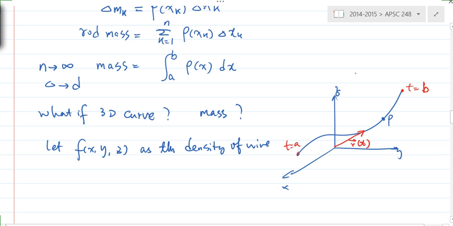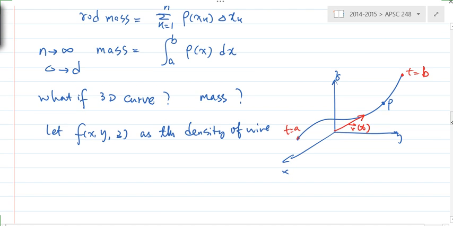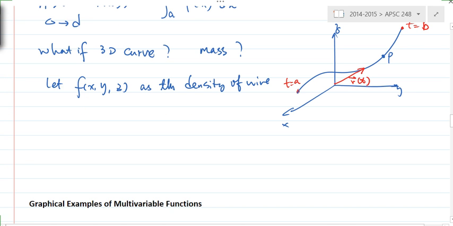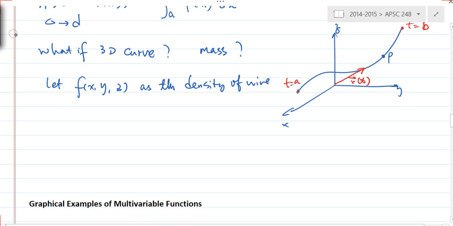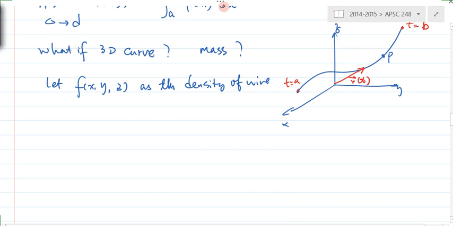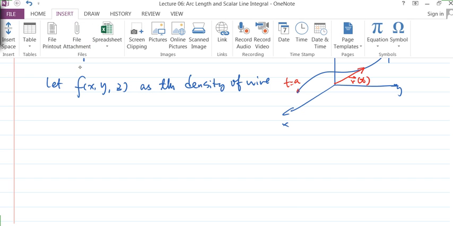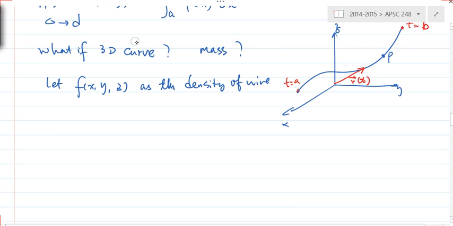I'll just write down the curve C's vector function, with t between a and b.